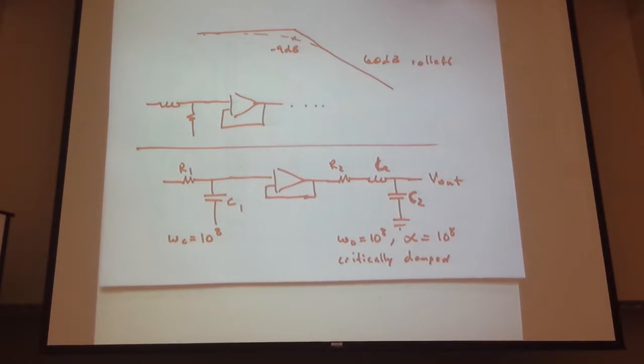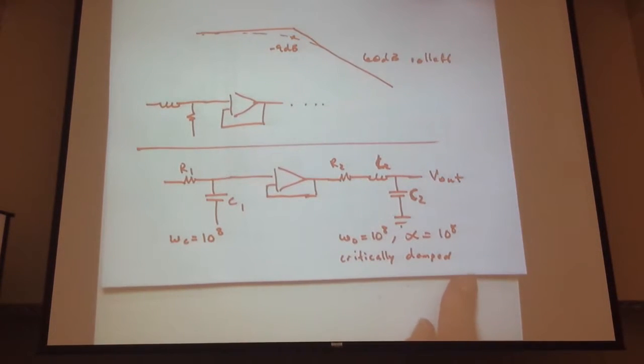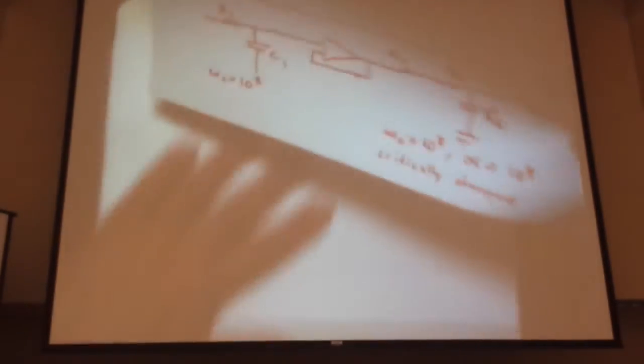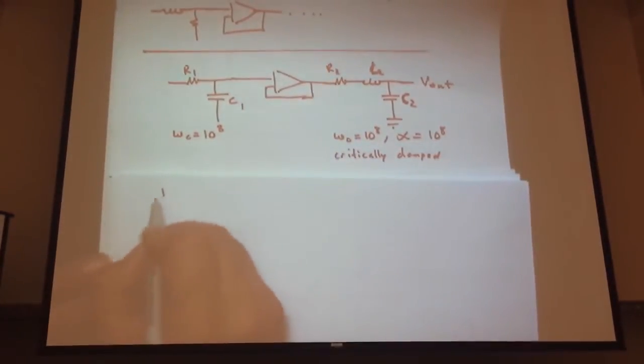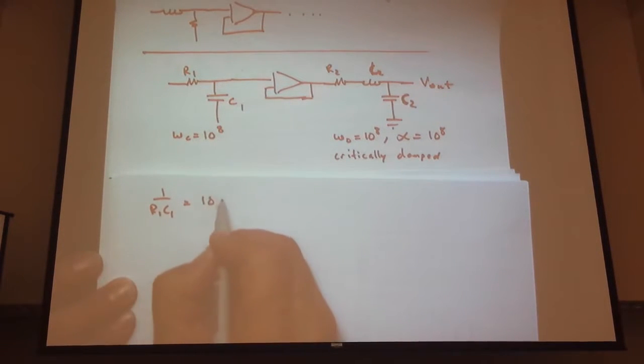Do the same thing in the RLC circuit. We only have two constraints. We have an omega naught that's 10 to the 8, and an alpha that's 10 to the 8. But we have three terms. So here, just to write that out in detail, 1 over R1C1 equals 10 to the 8.